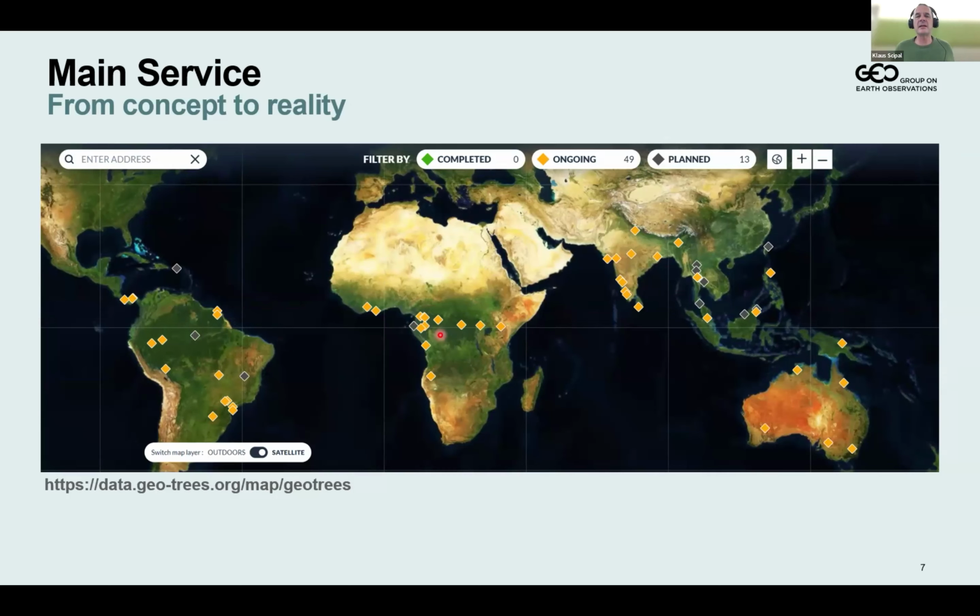For about 10 sites, we have actually finished, and we're currently processing the data and will ingest it into our data portal so that people can access it. Then we have another 13 sites where we're currently setting up contracts with site partners to set up these forest sites. All this data that is collected will be openly and freely available. So we really want to follow a FAIR data access with this initiative.